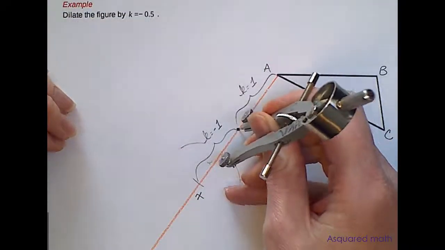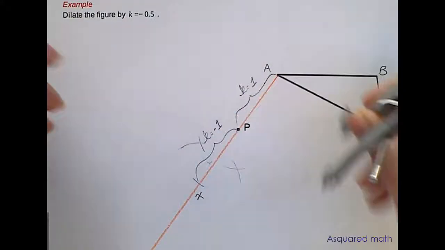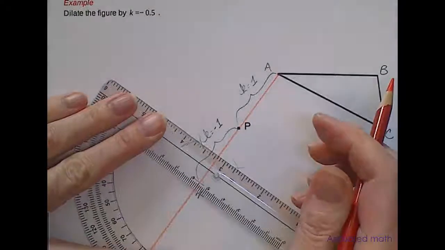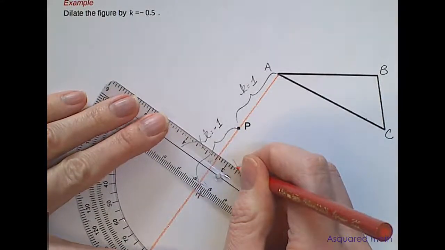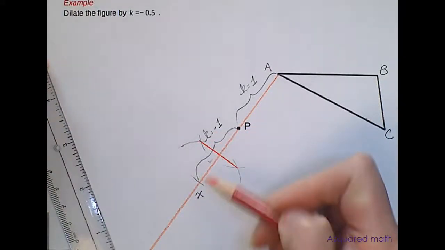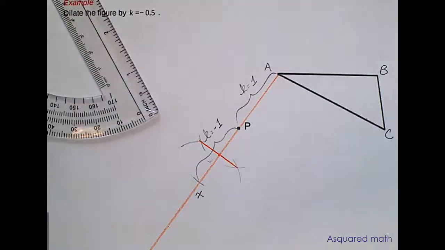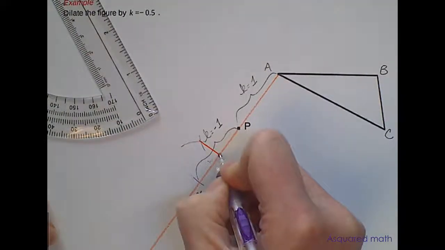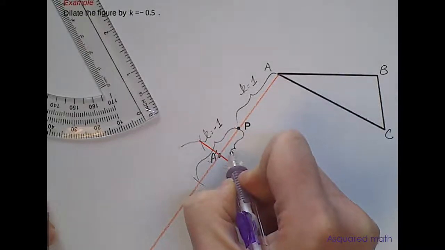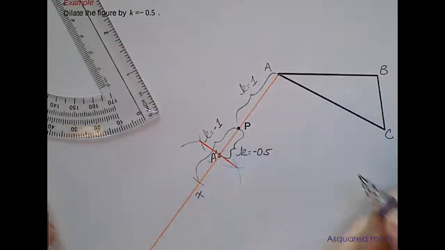So I started at endpoint X, I moved now to endpoint P, and this here, connecting these two intersecting points, is the perpendicular bisector of line segment PX. So where these two lines intersect is my A prime. So A prime is here because this distance here is the scale factor of negative 0.5.